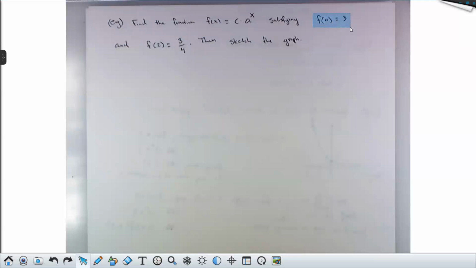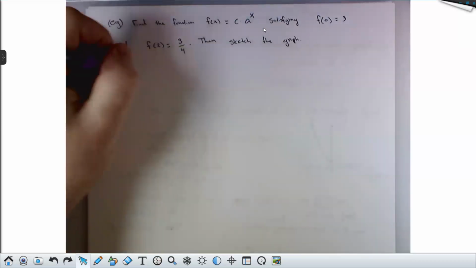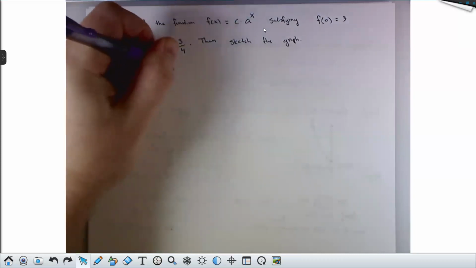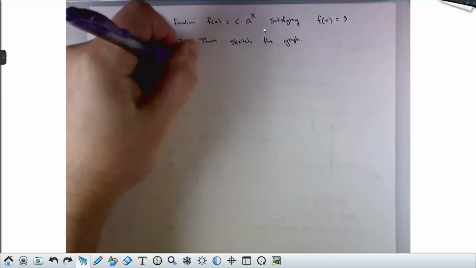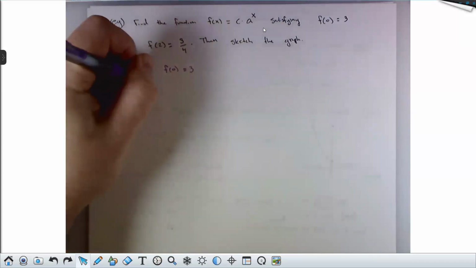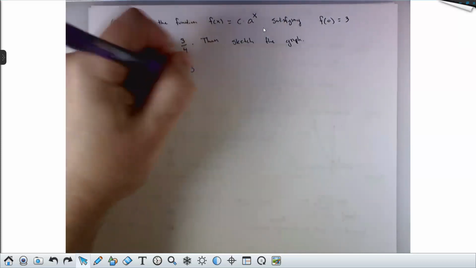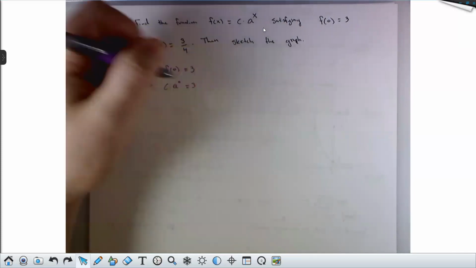Let's start with this. If f of 0 is equal to 3, that means when I plug 0 in for x here, the whole thing should be equal to 3. So since f of 0 is equal to 3, we have f of 0, well, that's c times a to the 0 equals 3.